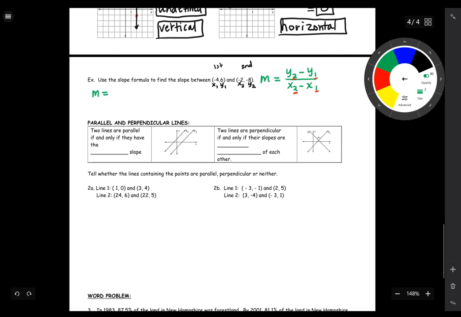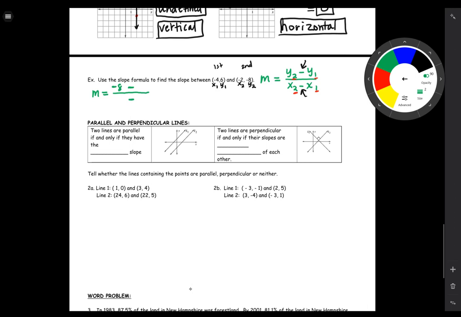So m equals, okay, y2 is -8. Before we even do this any further, I would recommend putting the minus sign in top and bottom because it's part of your formula here and there. So always put that in your formula so you know that you have a minus sign already.